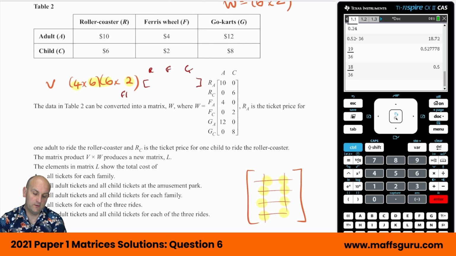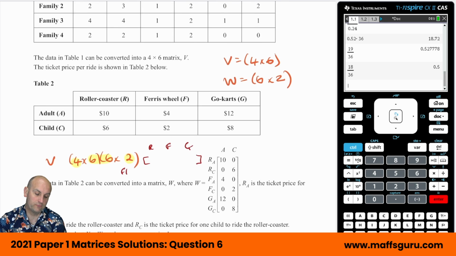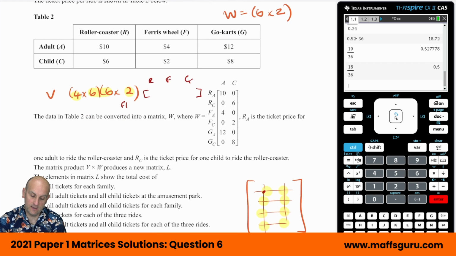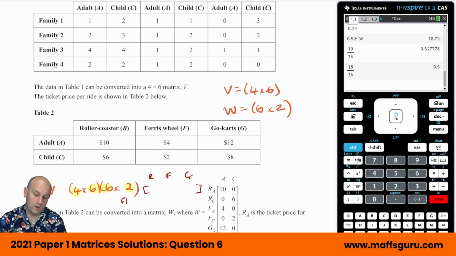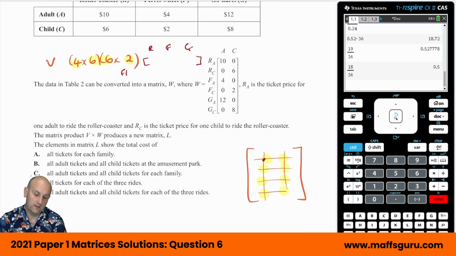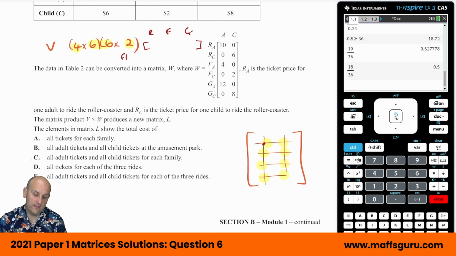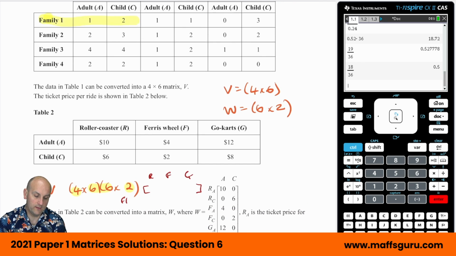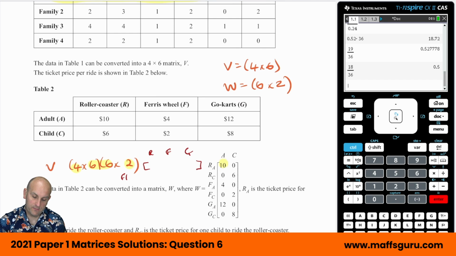For that very first row, which will give me this number here, we are going to be doing family 1 for adults. That is going to be family 1, because that's the row we're doing, and we're multiplying it by the adult cost.